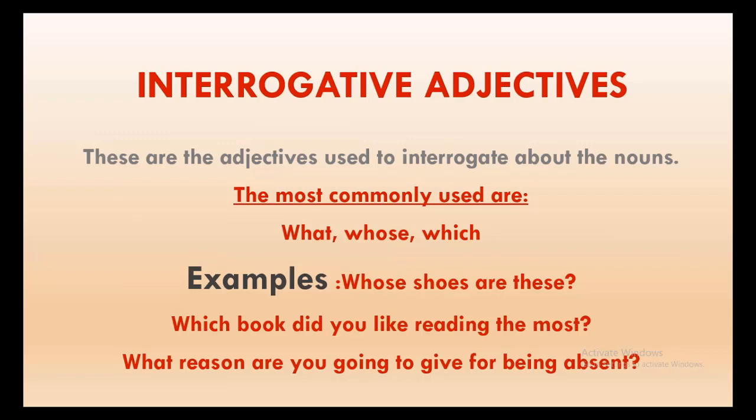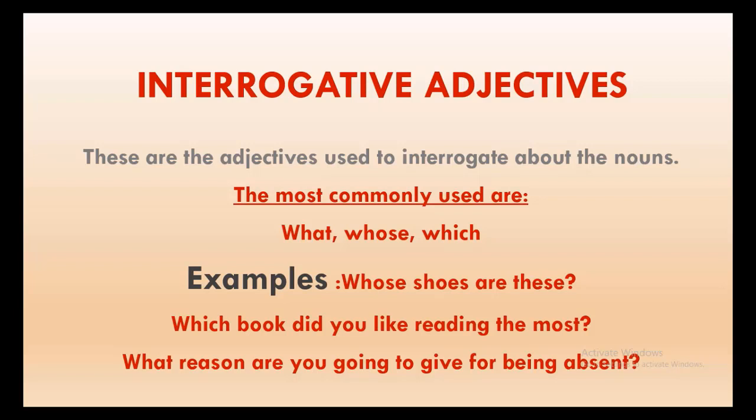Now comes the interrogative adjectives. Simply saying, these are the adjectives used to interrogate about the nouns. Most commonly in use are what, whose, which. See the examples. Whose shoes are these? Which book did you like reading the most?